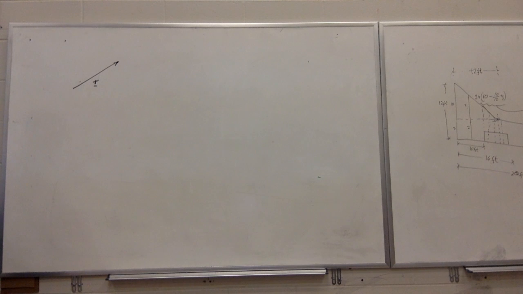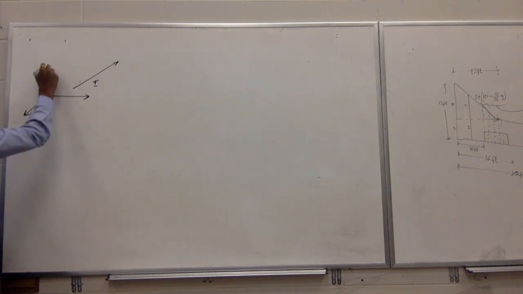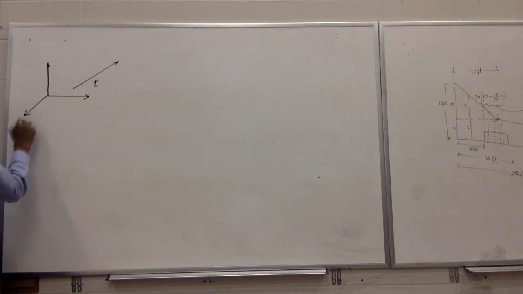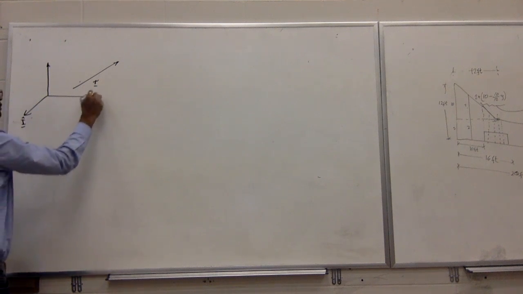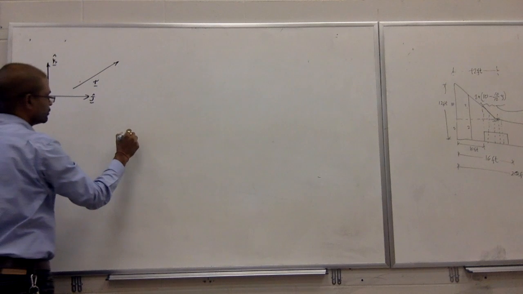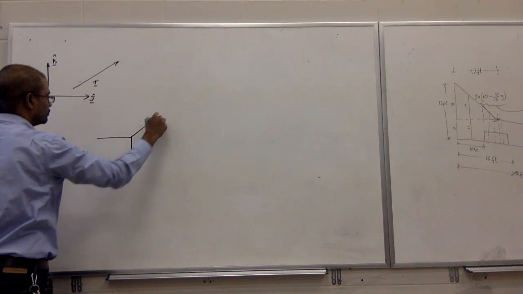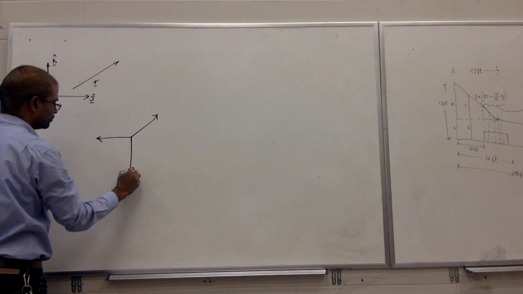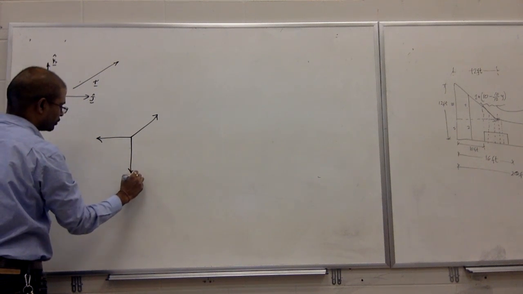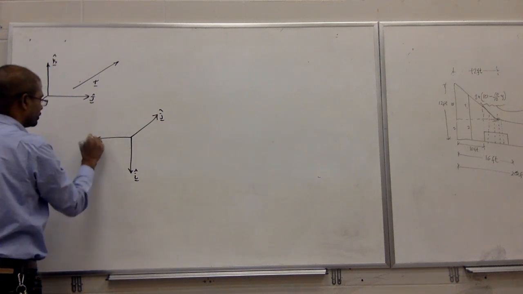So does this vector have coordinates in this coordinate system? Yes, I, J, K. Does it also have coordinates in small i, j, k?